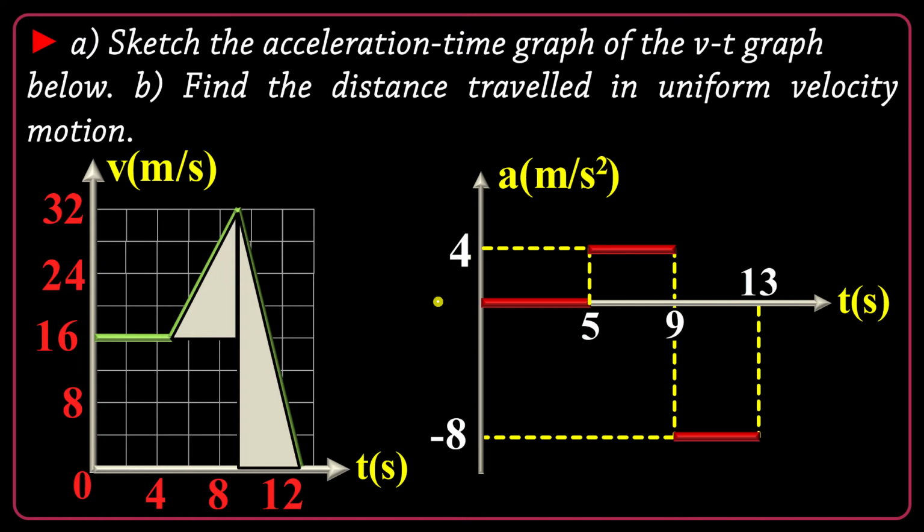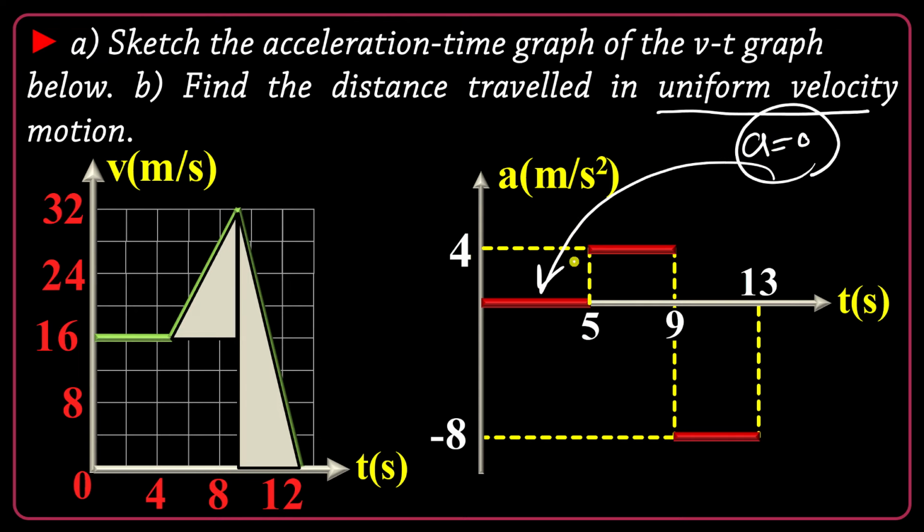Part B is about the distance traveled. The distance traveled in uniform velocity motion. Uniform velocity is exactly when the graph has no slope, so acceleration is zero. When the acceleration is zero, exactly at the beginning to t equals 5, the first 5 seconds. So part B is related to the distance traveled in the uniform motion.